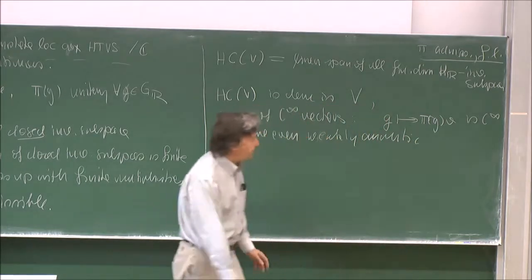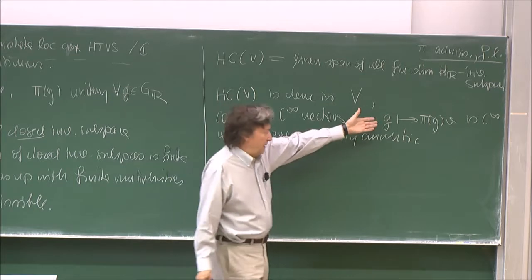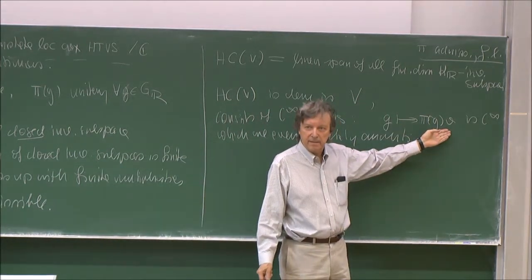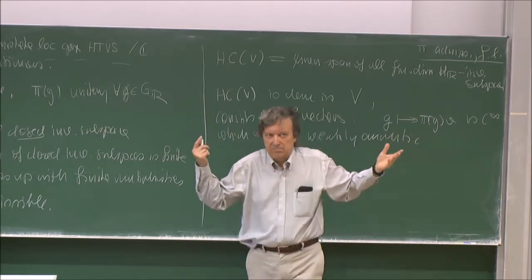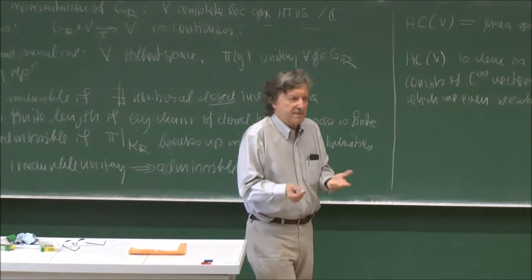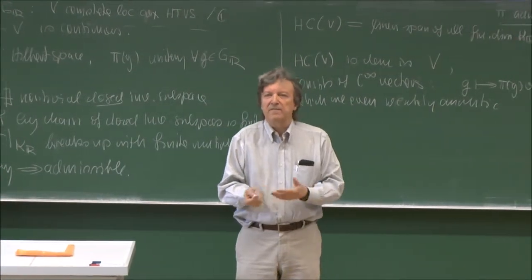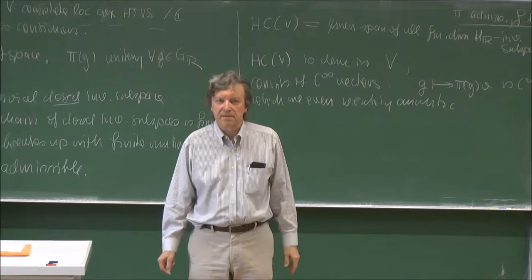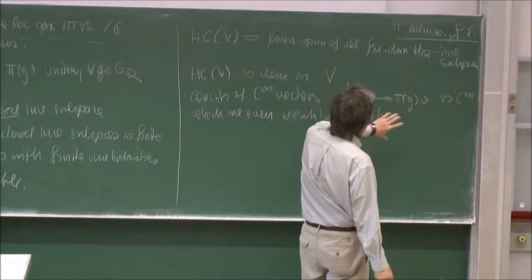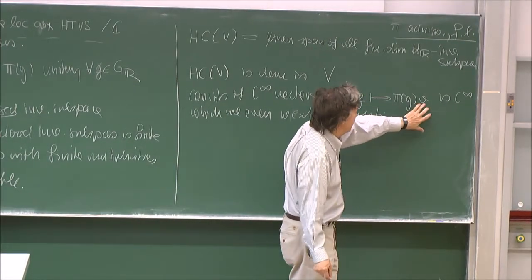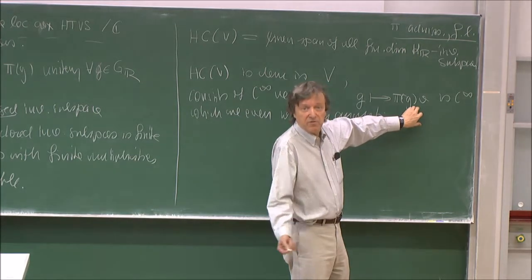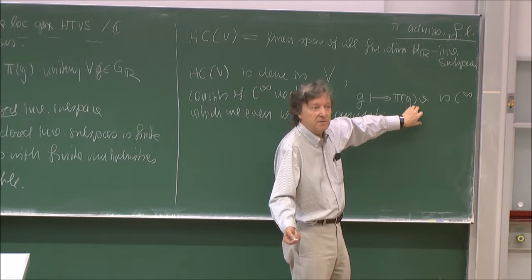So what does that mean? So if I have a vector, what would it mean that it is weakly analytic? Well, the vector space is complete locally convex Hausdorff. It really doesn't make sense to talk about analytic functions with values in such a vector space. But what does make sense is to pair, so now suppose v is a vector in the space. If you look at this function, it is a priori a continuous function, because pi is supposed to be continuous.